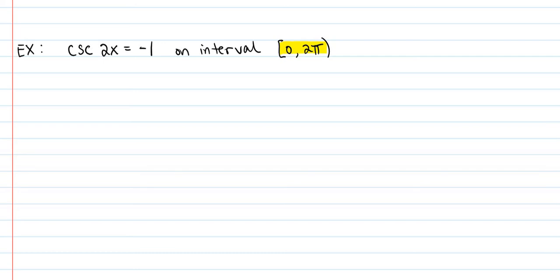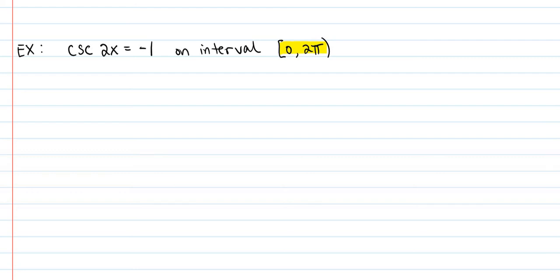Okay, so let's start here. We have cosecant 2x equals -1. We don't need to isolate anything because the trig value is already isolated. So we do need to figure out where the cosecant equals -1.